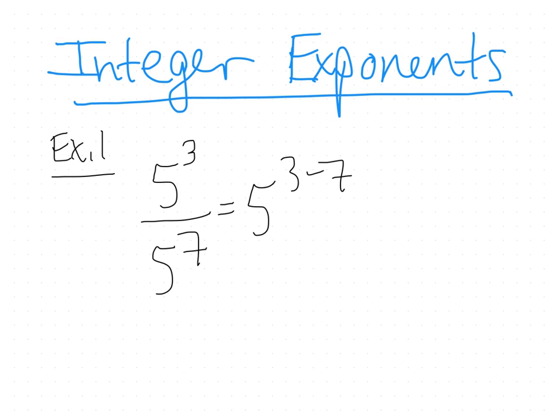When we divide powers with the same base, we can subtract the exponents. And as you see, we're going to end up with a negative exponent. So thus, the creation of integer exponents.